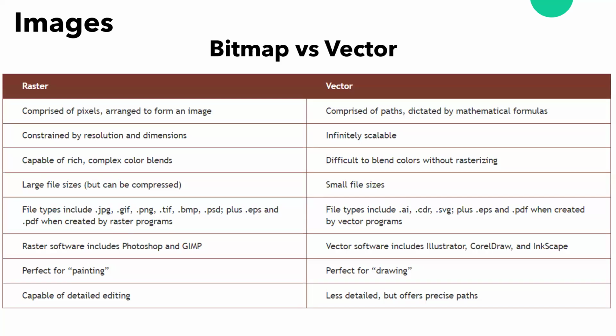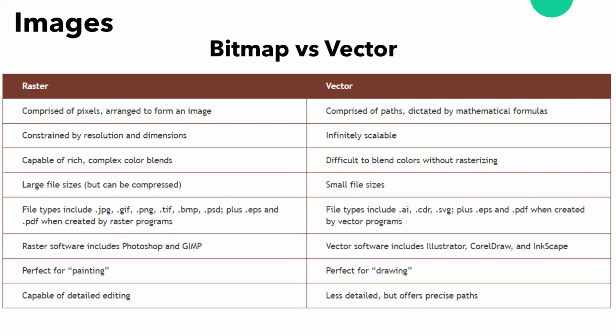Remember, we're talking about file extensions. File types also, .ai, for instance, is Adobe Illustrator, not artificial intelligence. So you have CorelDRAW, SVG, and all that. Most of these are classified as vectors.